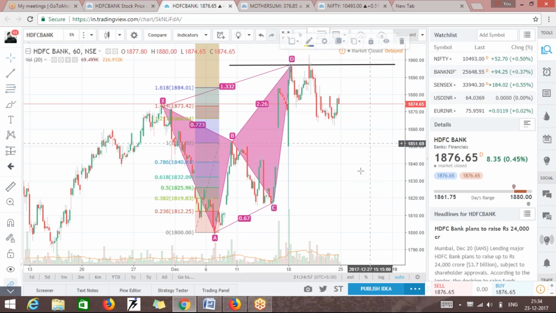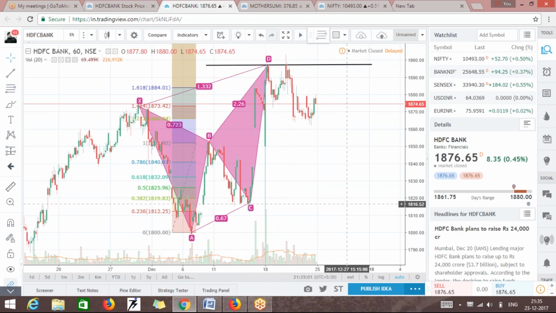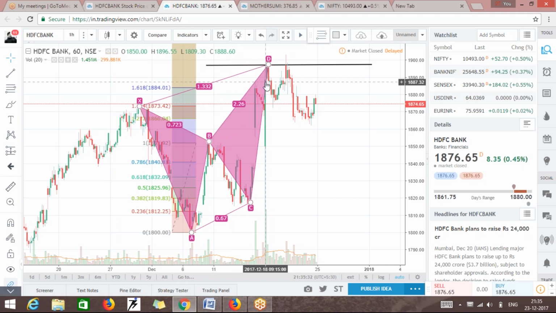Here what it is suggesting is CD, the most important point. The criteria mentioned is an extension of 127%. It could extend from 127% to a level of 161.8. So as per the criteria, it should extend to this level. It has extended a little bit upside.